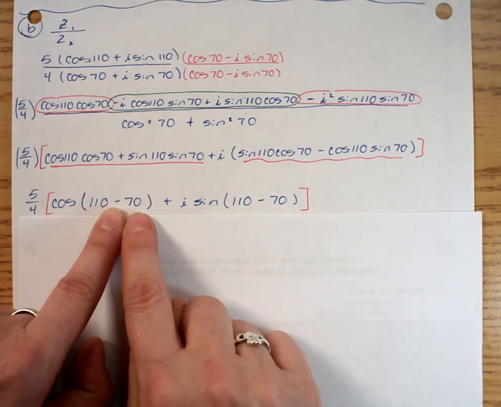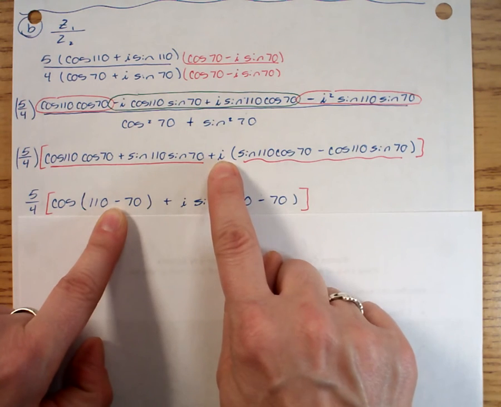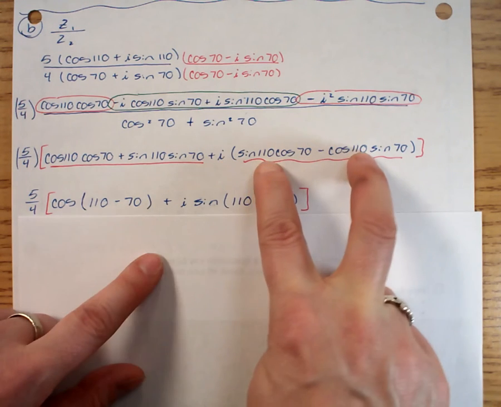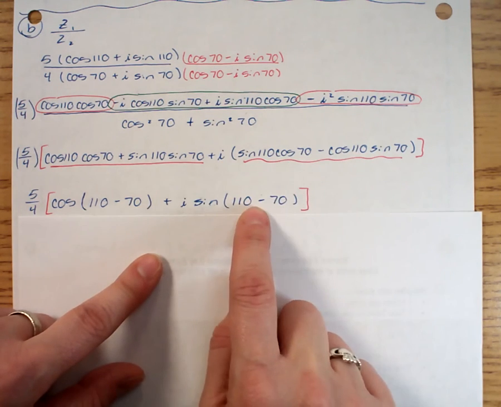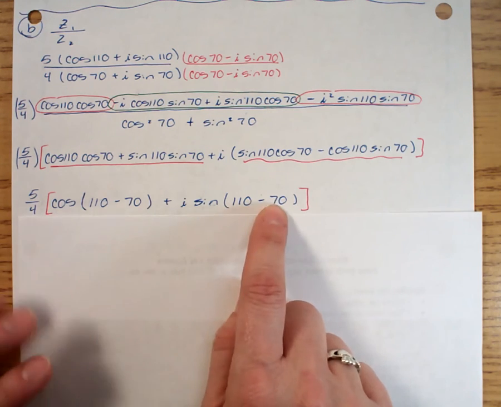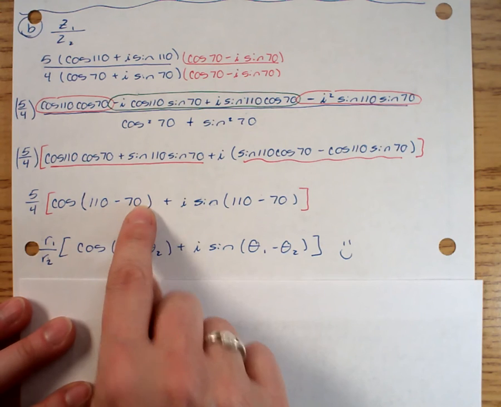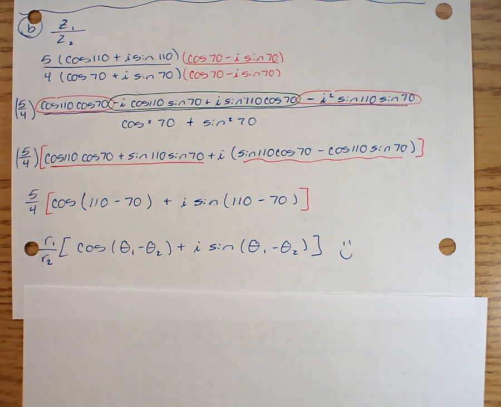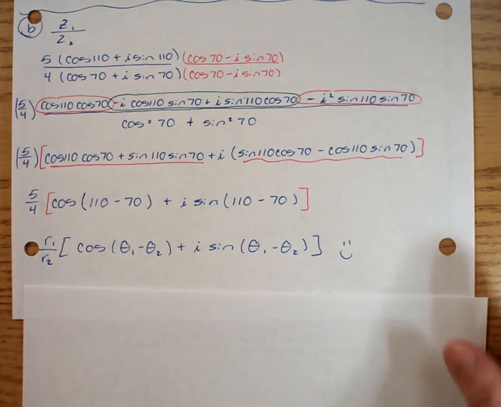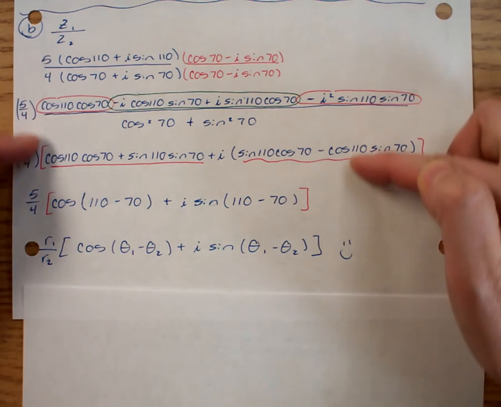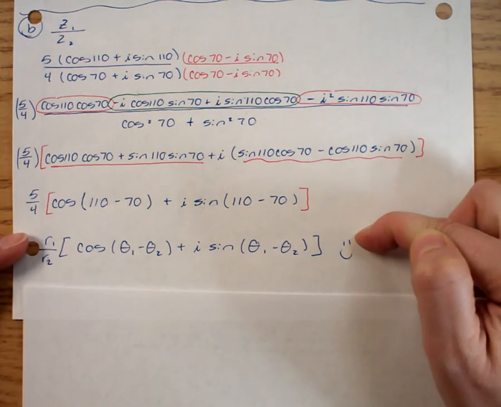So this part becomes cosine 110 minus 70. Once again, I factored out my I. This is my sine difference of angles. So sines are the same, 110 minus 70. Again, thinking of this as a theta 1 and a theta 2, I can write it in its general form. So if you forget the formulas that I have on the previous page, you could go through this much longer process and still get to your final answer.